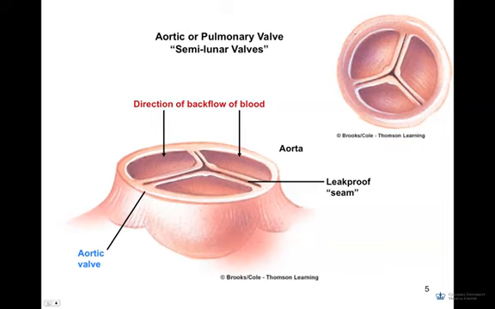They form little cups, so to speak, that when this valve shuts, the blood actually fills these little cusps and seals off this valve. So the blood actually participates in sealing off this valve. That's the design of it.